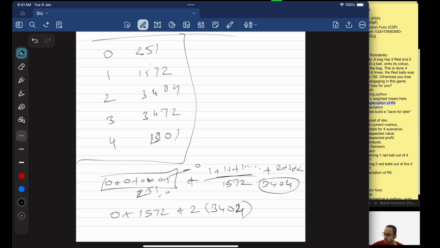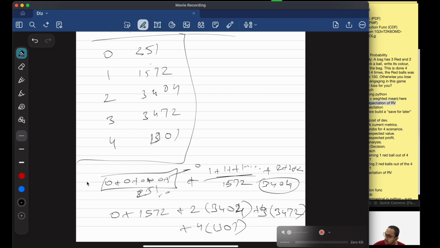Same with the 3's. So 3 times 3472 plus 4 times 1301. It is 1301, right? Yeah, it is 1301. Divided by number of terms is what? 10,000. Right? These are all the terms.